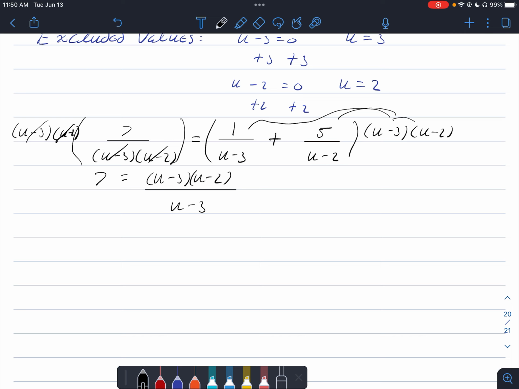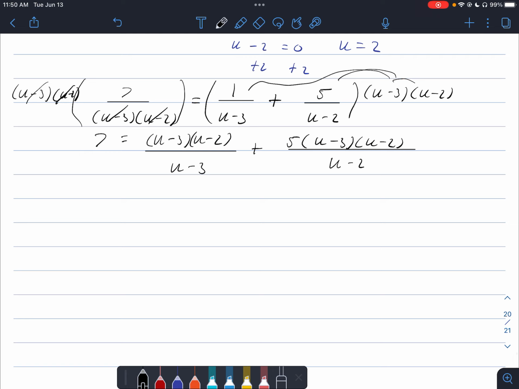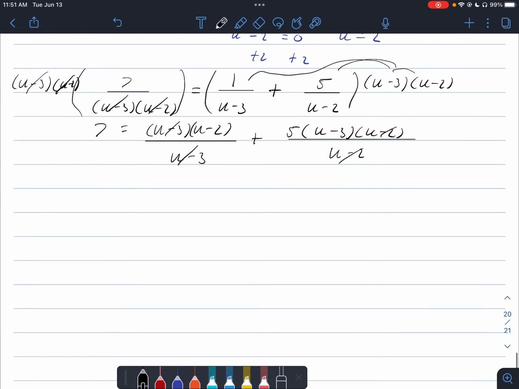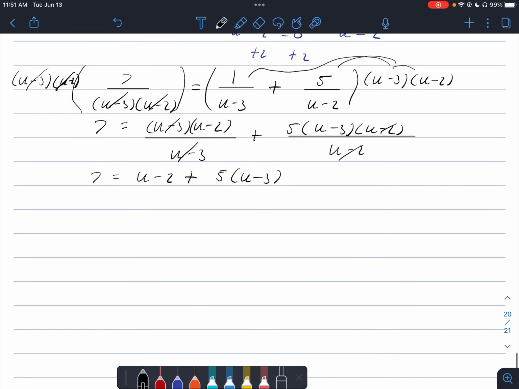All right, and then we'll add 5 times u minus 3 times u minus 2 all over u minus 2. And now we can see that these u minus 3's will cancel, and these u minus 2's will cancel. So we're left with 7 is equal to u minus 2 plus 5 times u minus 3. All right, we can distribute this 5.